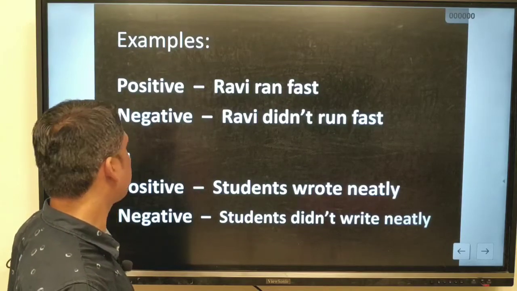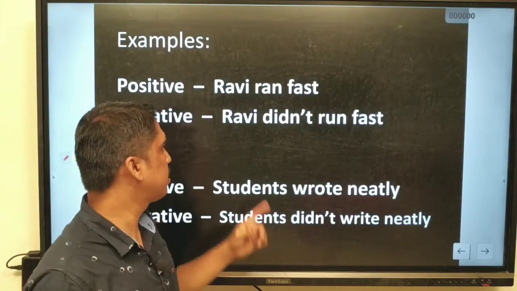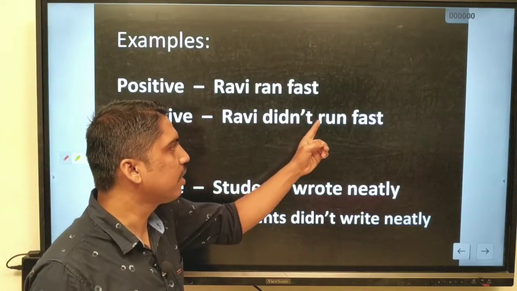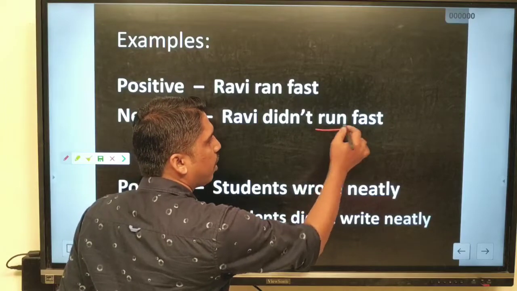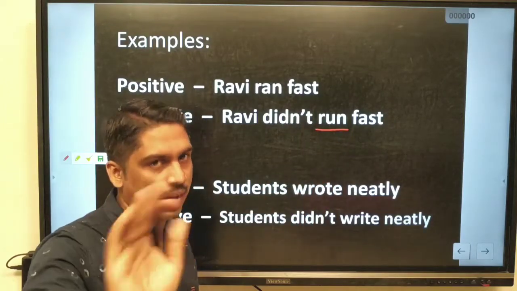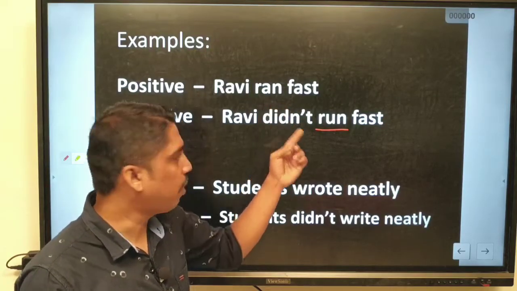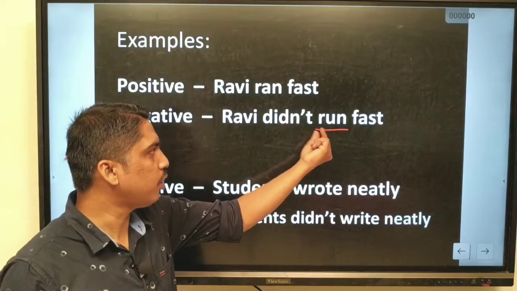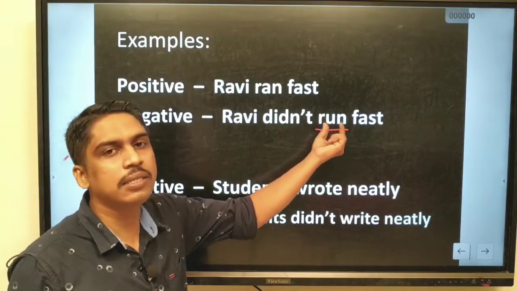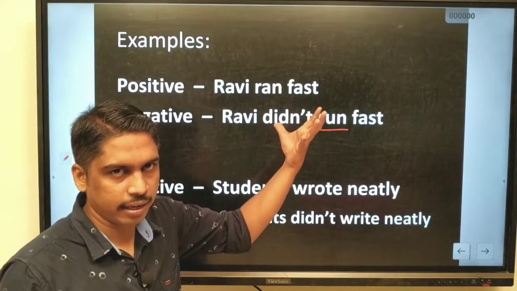Then what is the negative of that sentence? Ravi didn't run. Look here, after didn't we have to use verb 1, run, not ran. In the positive we use verb 2, but when we make it negative, we use didn't plus verb 1. Didn't run. Not ran. It is wrong.